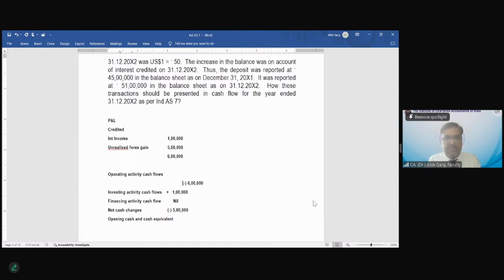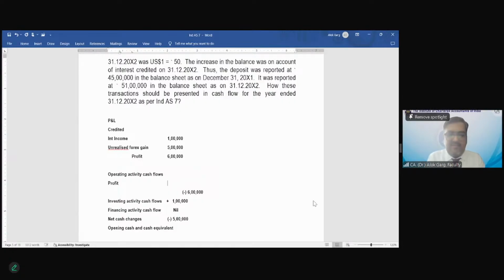When I credited my P&L, it looks like 6 lakh rupees of profit came in the P&L, right? So profit, how much is my profit? 6 lakh. This part also I need to take care of.